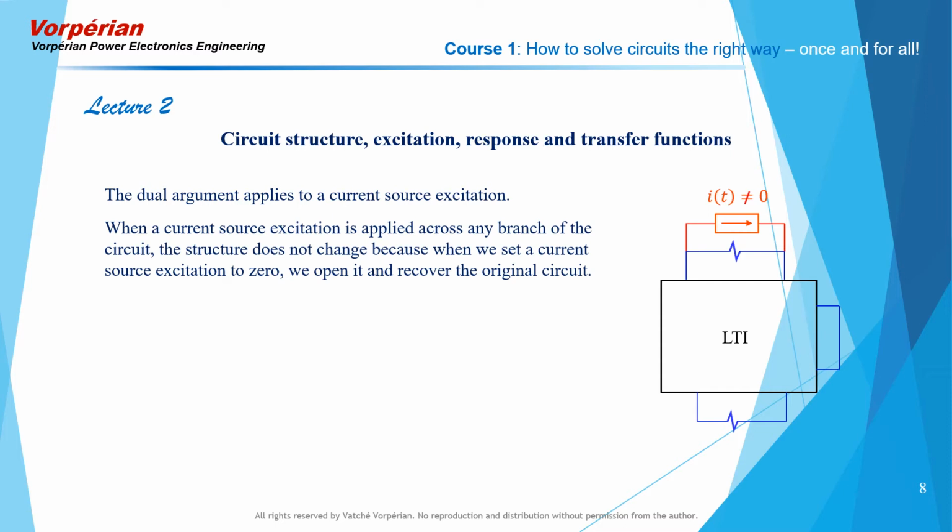Also, if I were to take this current source and apply it to the bottom branch and get all kinds of different transfer functions in the same manner, their denominator will be identically the same as the denominator obtained for all the transfer functions for the current source applied at the top branch.